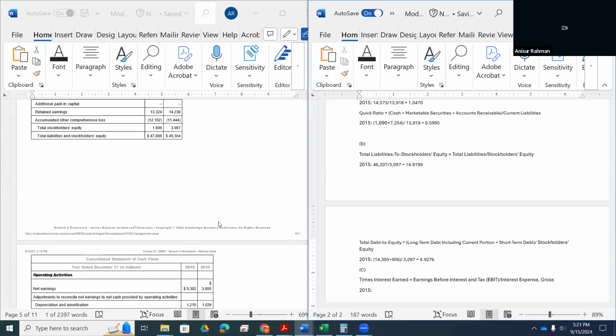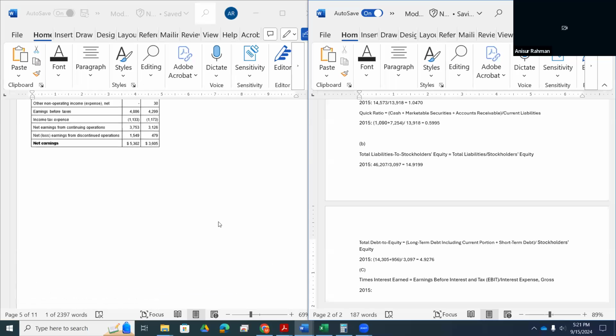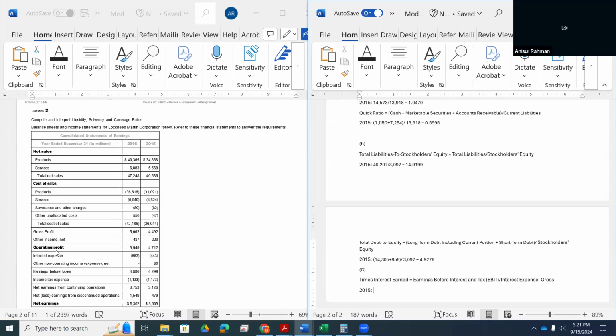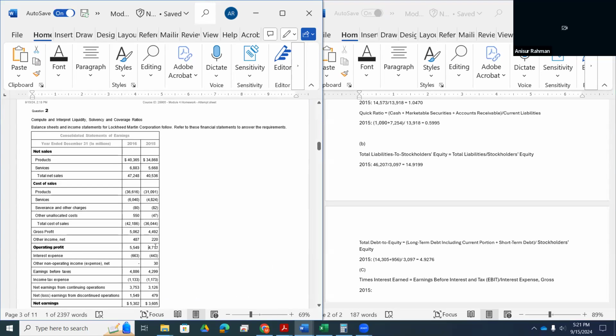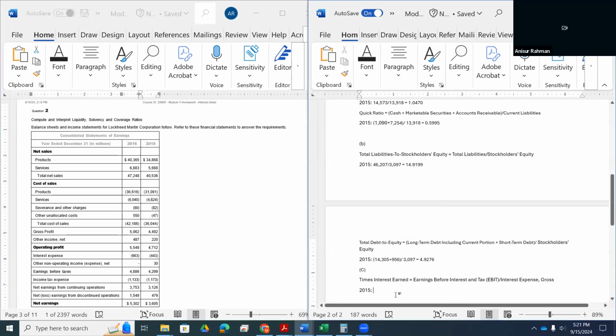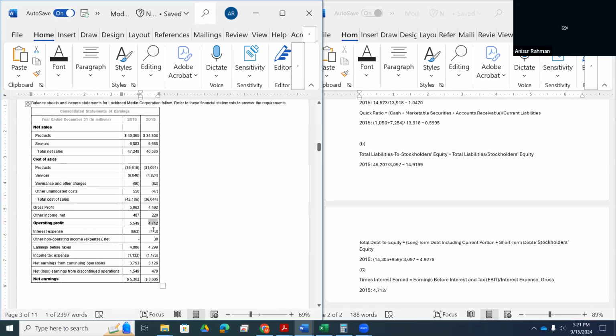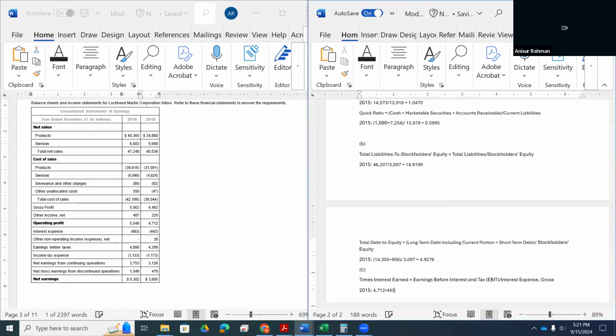these are income statement. So we'll go to income statement to find these items. Earnings before interest and tax, or EBIT, are also called operating profit. This is our operating profit, divided by interest expense. So this is our interest expense, 443. I'll ignore the negative sign.